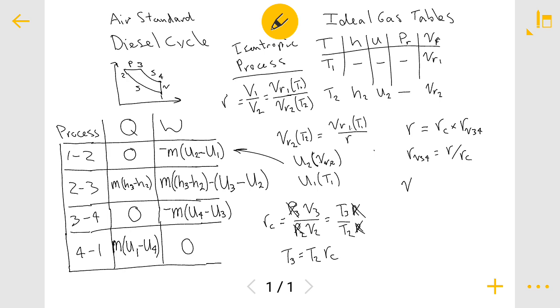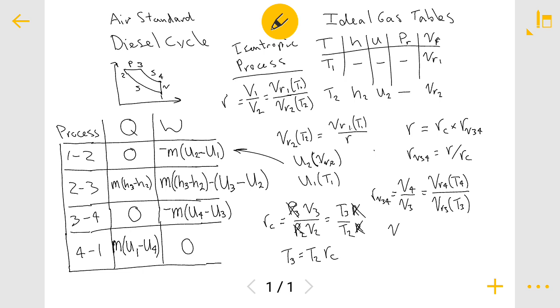So now I have that unknown expansion ratio RV34, and I can then write that V, capital or lowercase, doesn't matter since it's a ratio. Let's do the larger over the smaller. So V4 over V3, which is what I'm defining as RV34, which I know now, it's R over RC, equals VR4, which is a function of T4, over VR3, which is a function of T3.